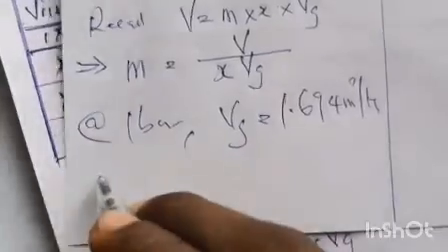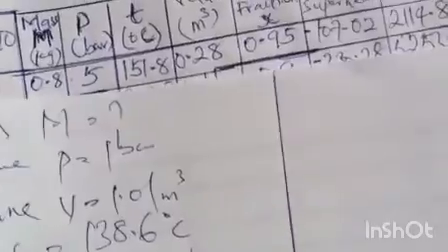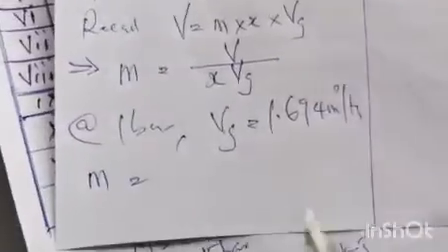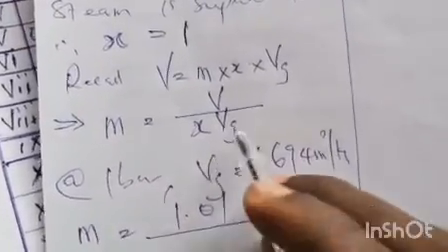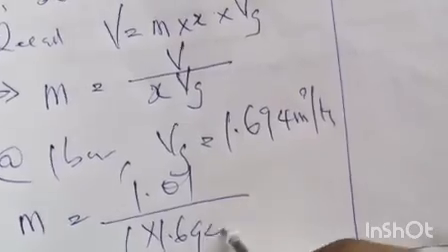So mass is equal to the total volume, given as 1.01, divided by X, which is 1, times 1.694.